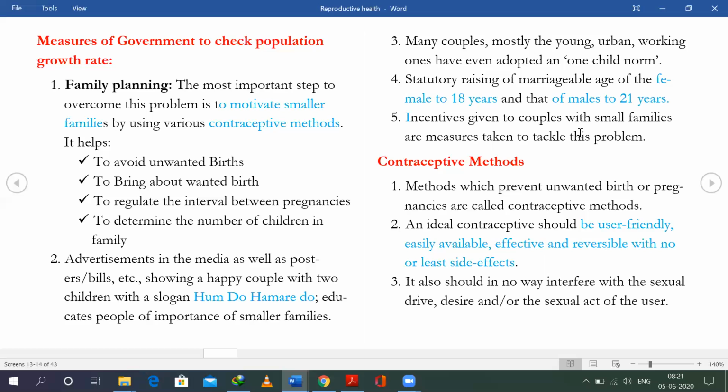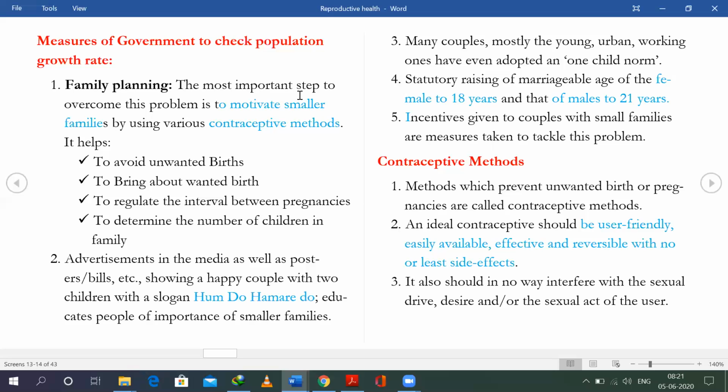And the statutory raising of the marriageable age of fertile couples is 18 for the females, right? For the females, and for males it is 21 years. So this is the legal age. This we have already explained. So these are some measures.